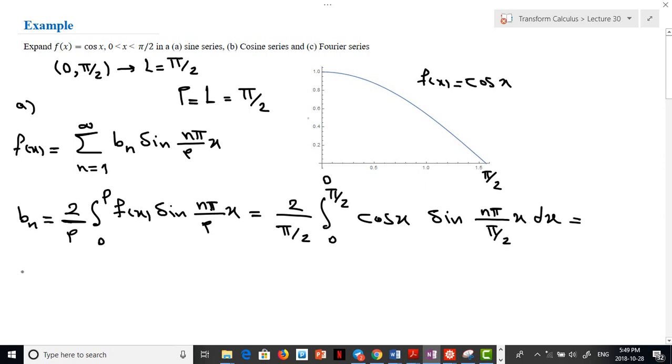If I simplify it, we have 4 over pi, the integral from 0 to pi over 2, cosine x sine 2nx dx.